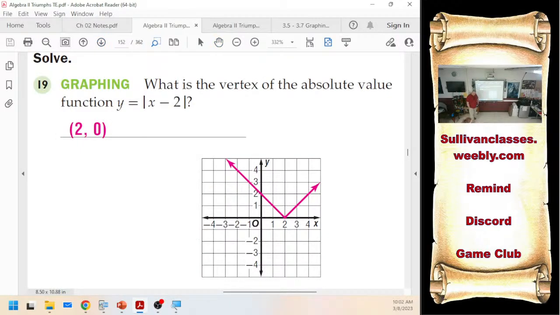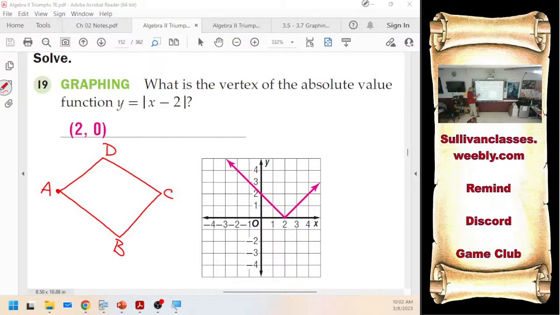Okay, 19, they ask me what the vertex is. A, that's a vocabulary term. B, y'all remember back in middle school doing stuff like this? Remember the pointy parts, or in the case of a parabola, the bottom of that U or top of that U, those are called vertices.